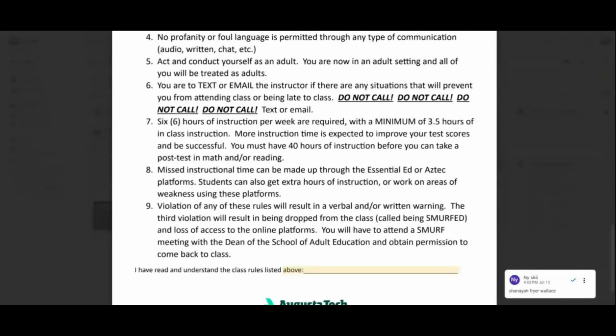Your second smurf, if you get smurfed a second time, you're out for 6 months to a year. Most of the time it's a year. 1 full year before you can come back in. So getting smurfed is not something that you want to have happen. Any questions?